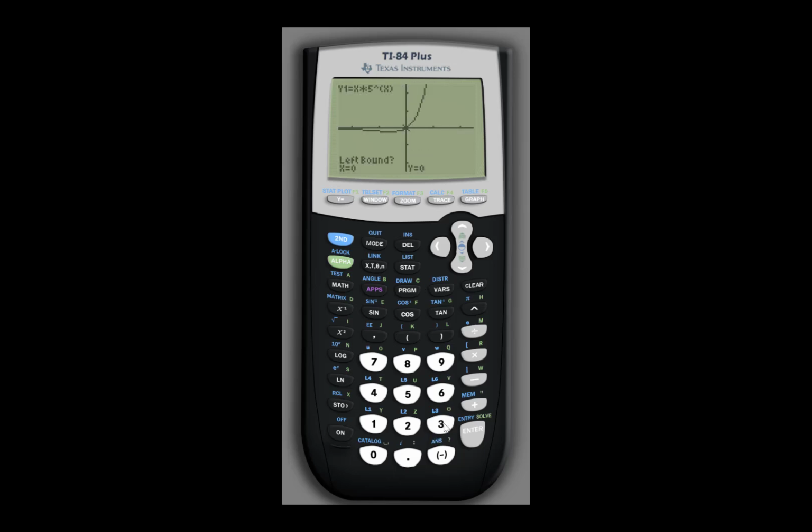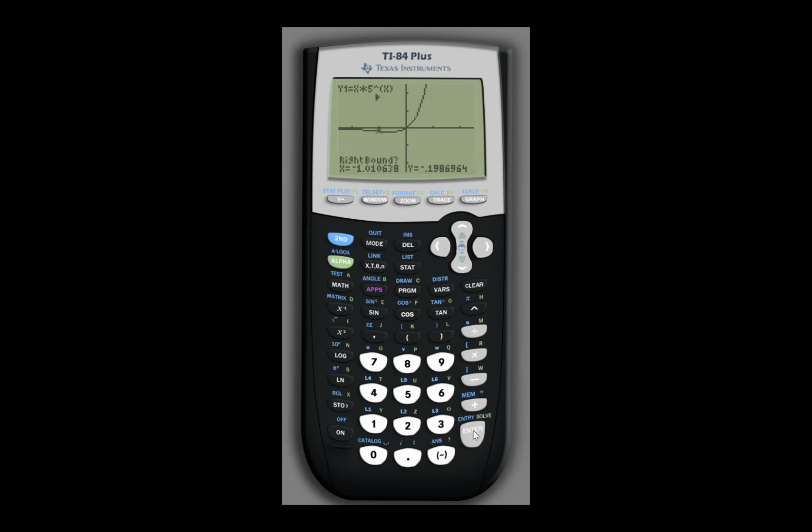So we'll hit 3. It wants us to set a left bound, and we see we have the blinking cursor here. So we'll just hit the left cursor until we get the blinking cursor to trace along the graph somewhere to the left of that point where we think that it seems to bottom out.